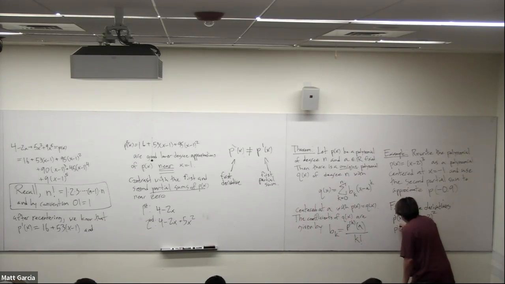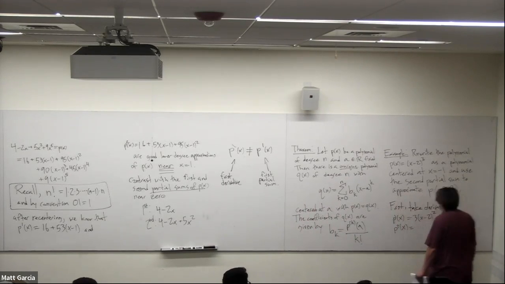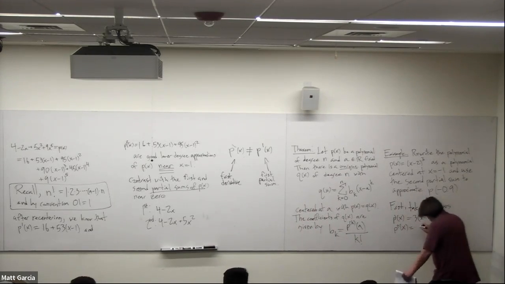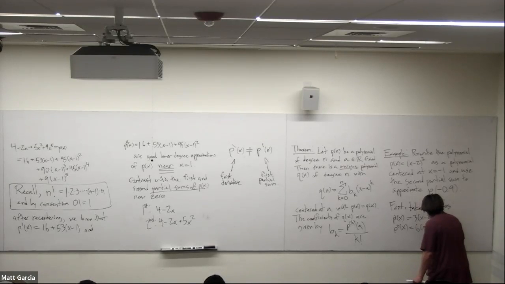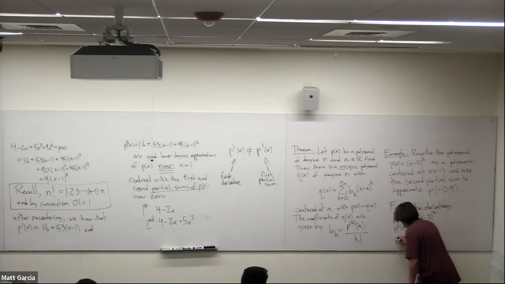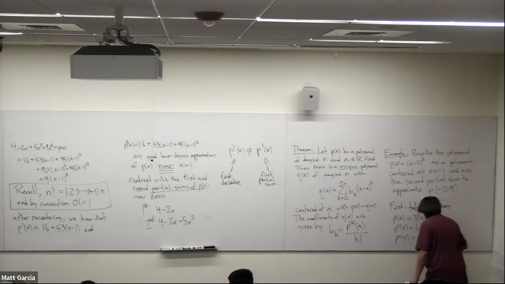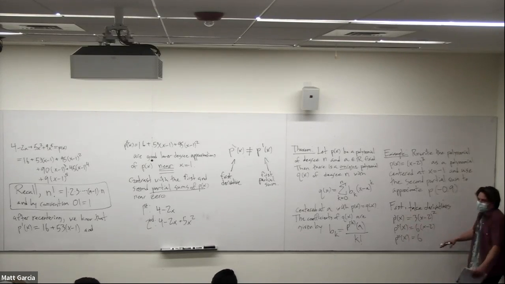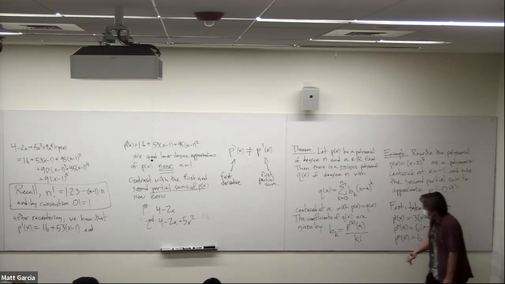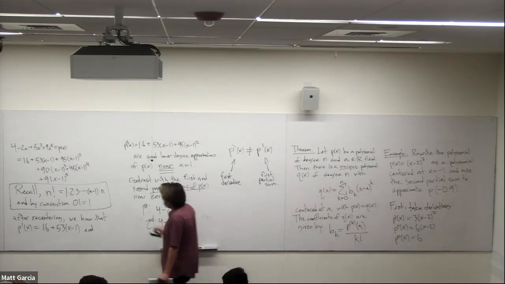How about the second derivative? 6 times x minus 2. Yep. Third derivative? 6. Yep, we just get the constant term. And I can stop here because every derivative after this will be 0, right? Okay, good. What's my next step?